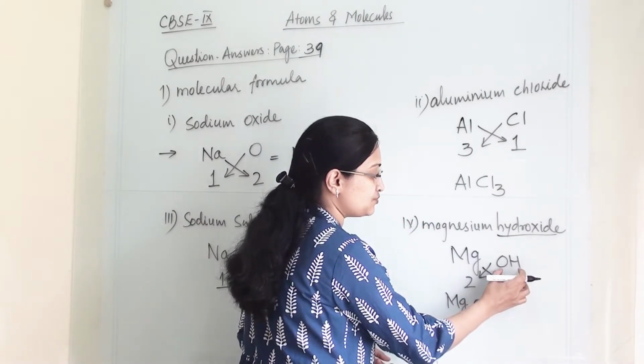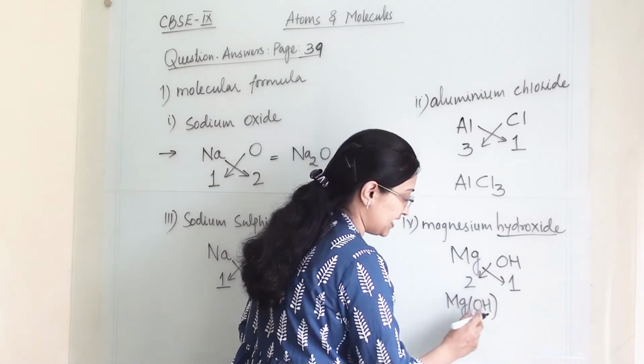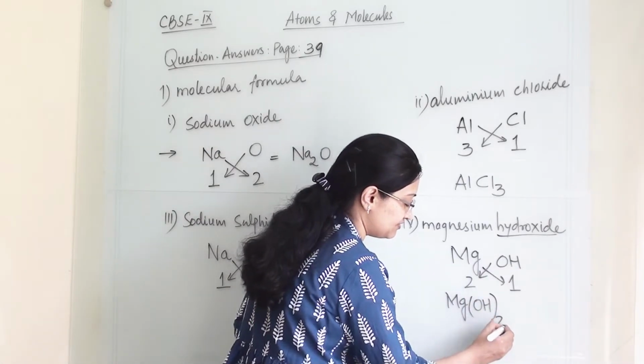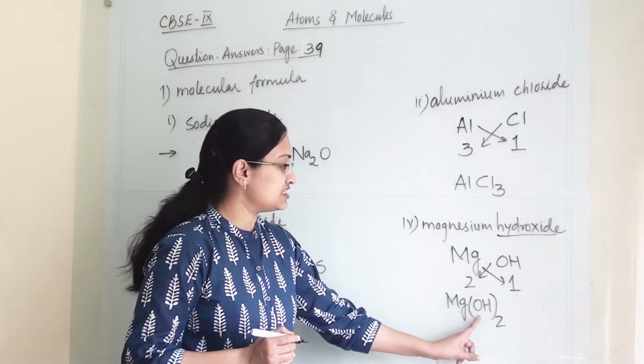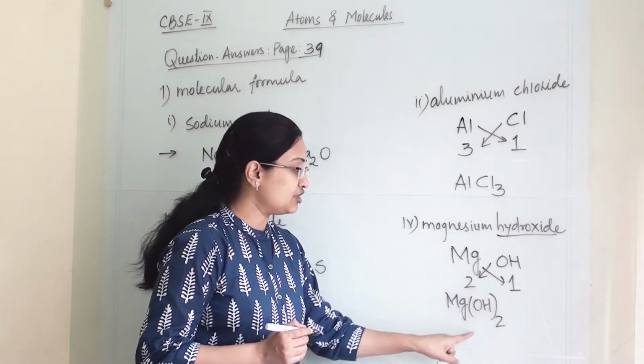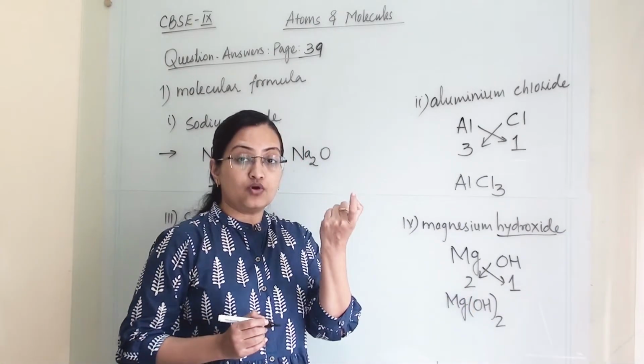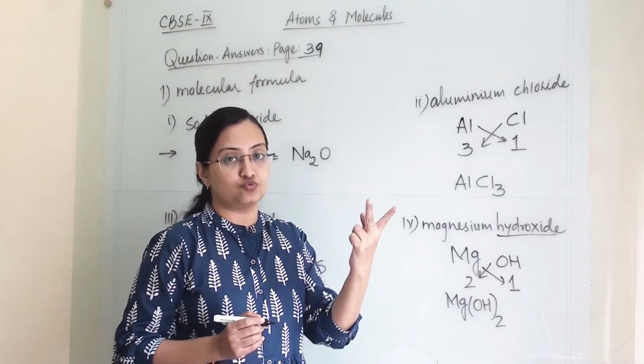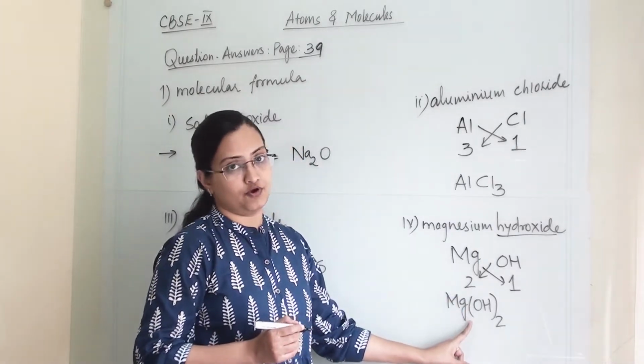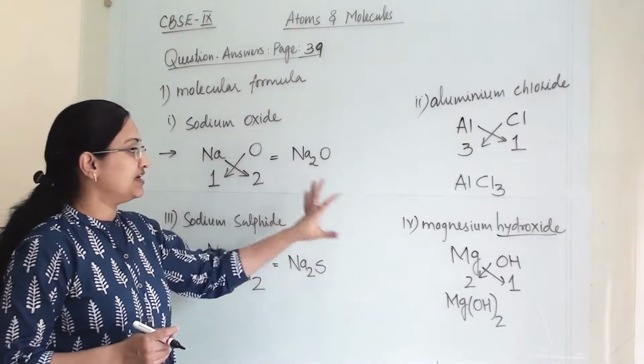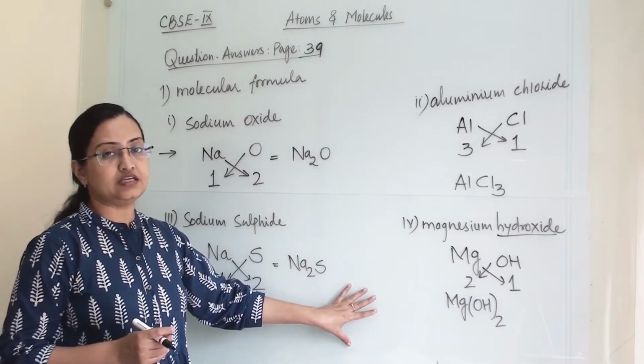But since this is a polyatomic ion, we have to make a bracket here and then write 2 here, because we need to show that OH as a whole is 2 in this molecular formula. So this is how we can write the molecular formula for any compound.